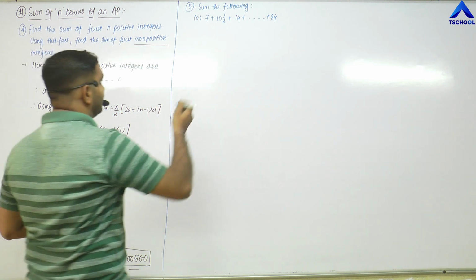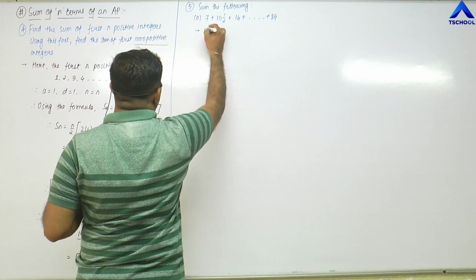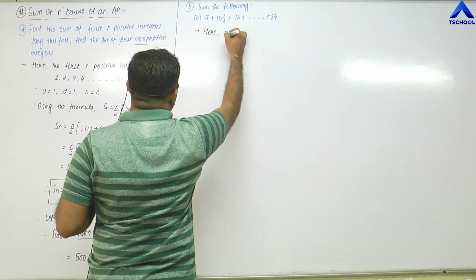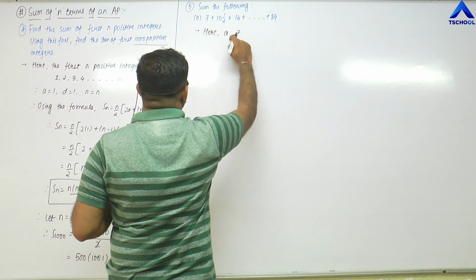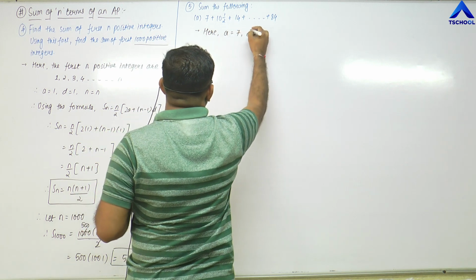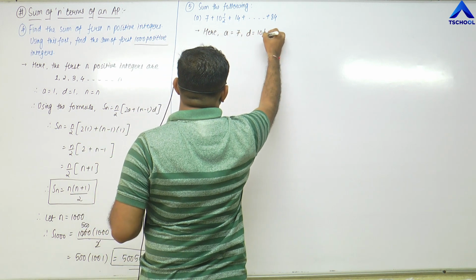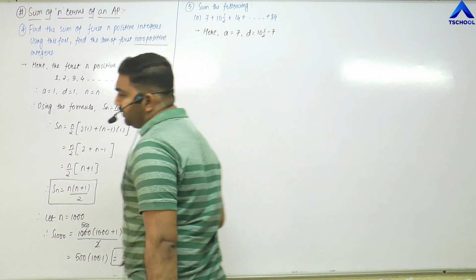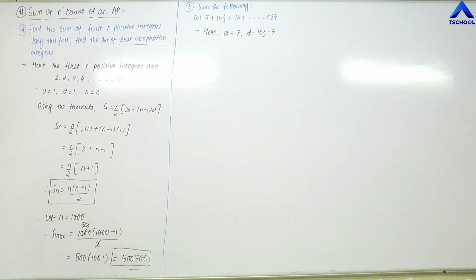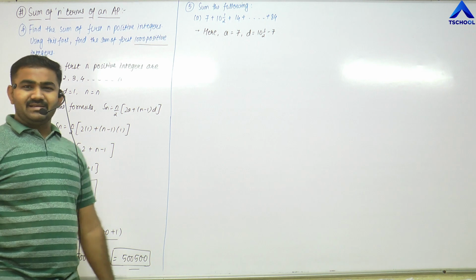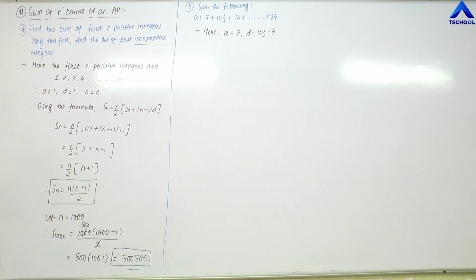So friends, coming to the AP here, a equals 7, d equals 10 integer 1 by 2 minus 7. What is 10 integer 1 by 2 minus 7? Can you write it directly as 3 integer 1 by 2?